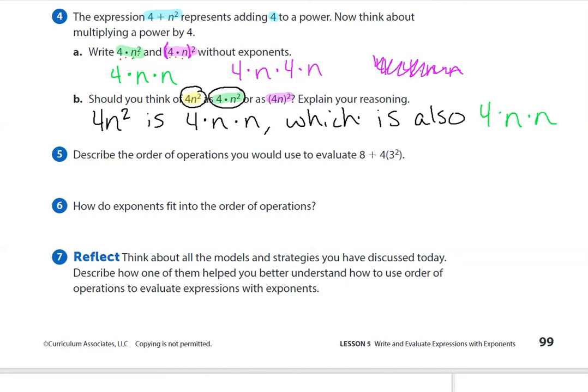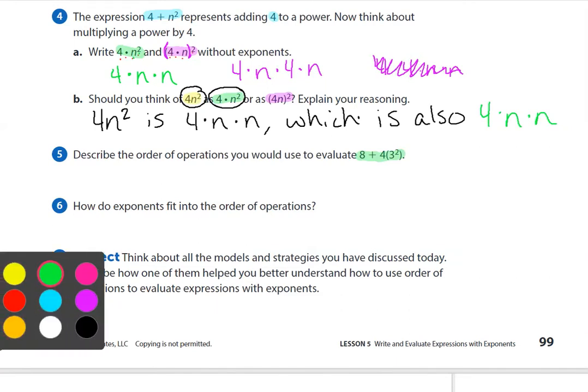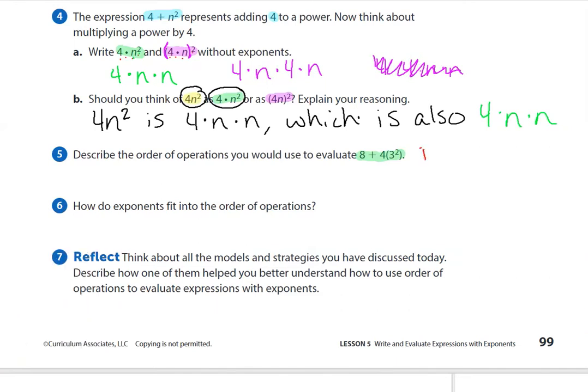Number 5. Describe the order of operations you would use to evaluate 8 plus 4 times 3 squared. Okay. Let's look at it. With Please Excuse My Dear Aunt Sally. If you ever get stuck, just write it out. That helps.